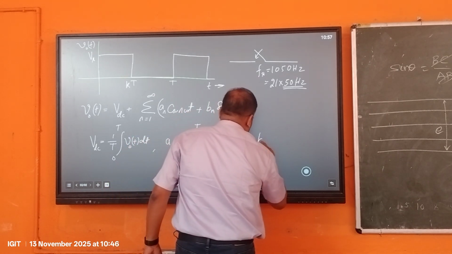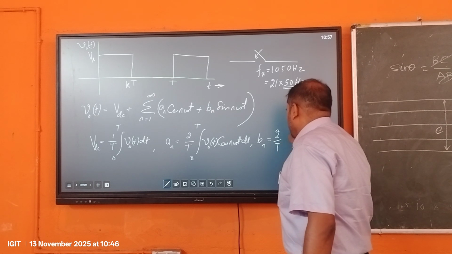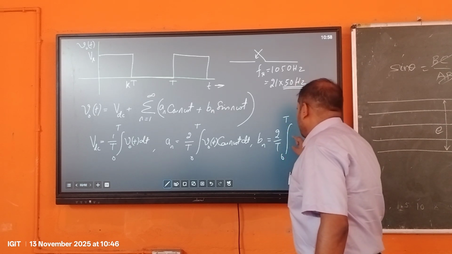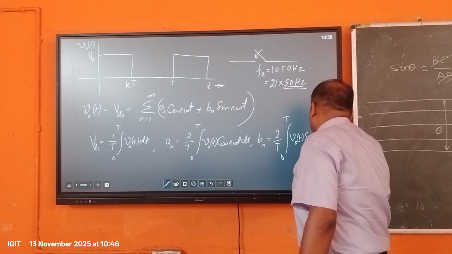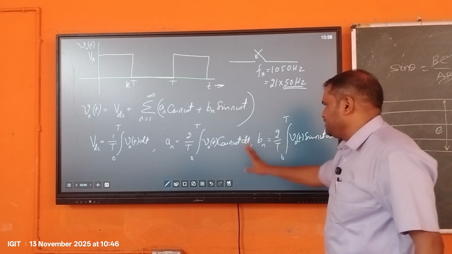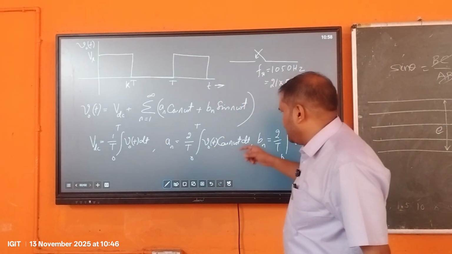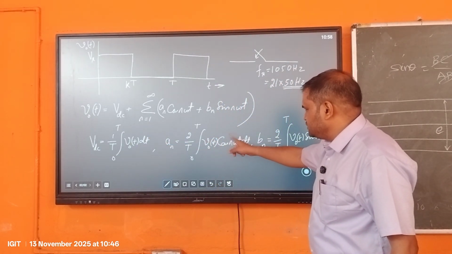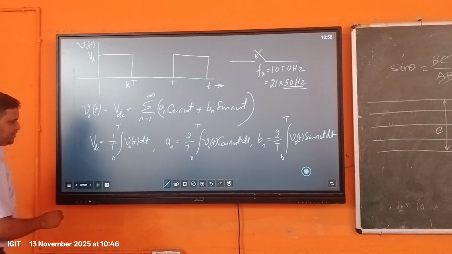And what is the formula of bn? 2 by T, integration of 0 to T V0T sin n omega T dt, correct? And this value we have already found out. This value is what we need to find, right? Okay, let us find out this value.